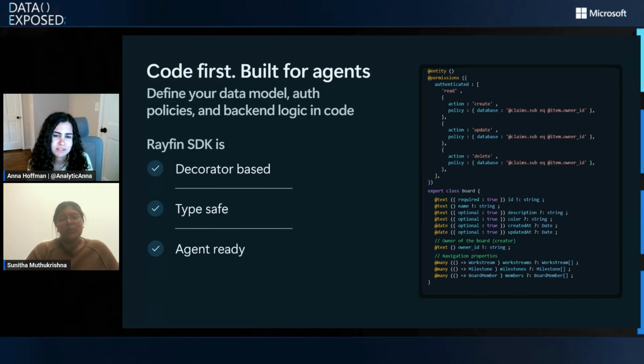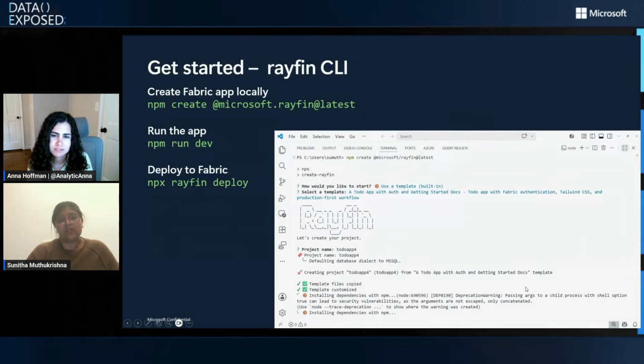When you're building something with Rayfin, there's a simple CLI tool that we can take advantage of to go ahead and start. You can just do an npm create to create your application. Because it's agent first, you can ask GitHub Copilot to build a feature that you want on the application, or tell it to go build a brand new application, whether it's a procurement site, an inventory application, or something like a BI application as well.